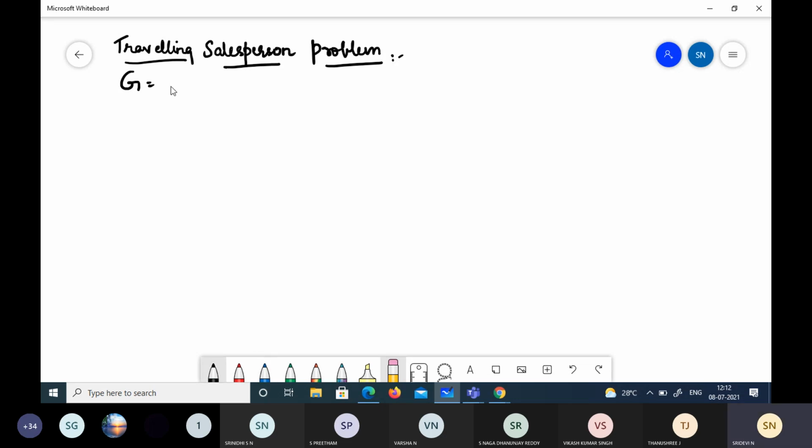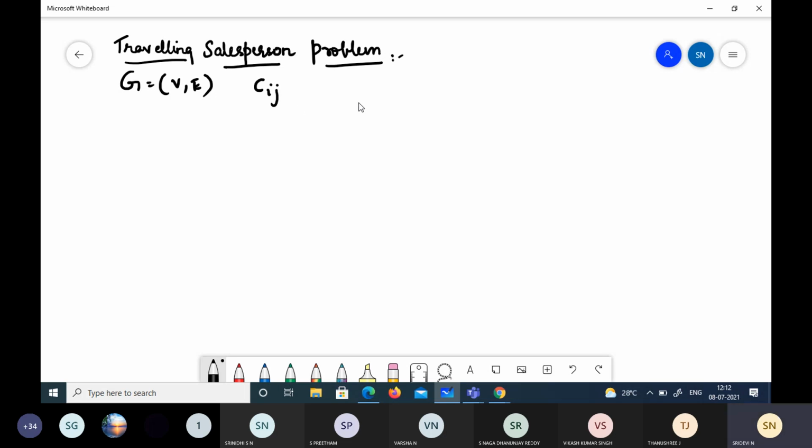So we have a graph which consists of vertices and edges, and each edge will have a cost C of ij. An edge from i to j will have a cost associated with it, which is represented by C of ij.